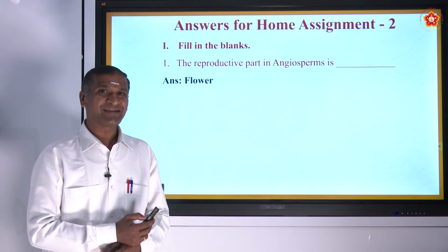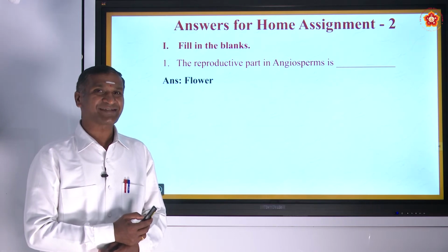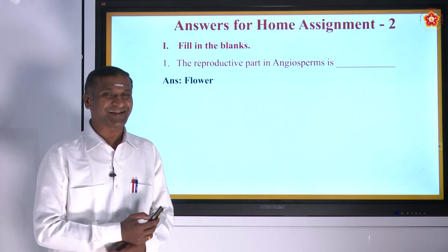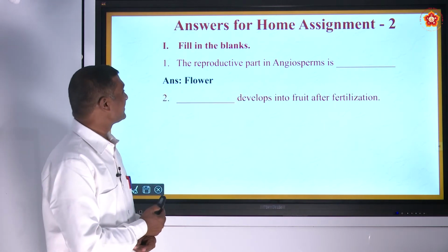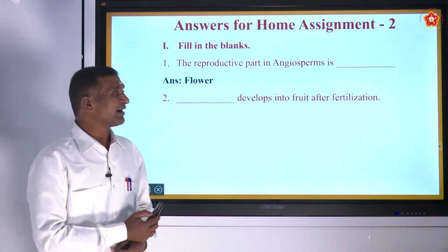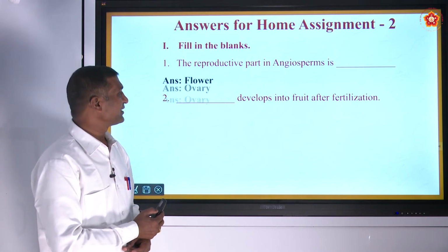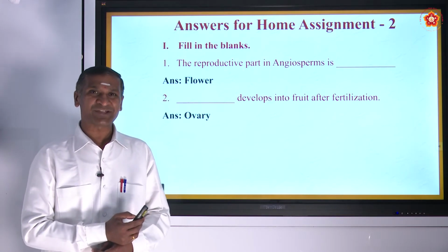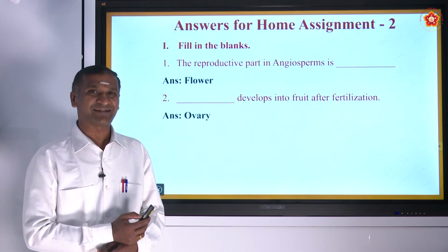Very happy, Sathya has a smiling face that he has written the correct answer. Good. The second one, dash develops into fruit after fertilization. The answer is ovary. Congrats Mr. Santosh, you have also written correctly.